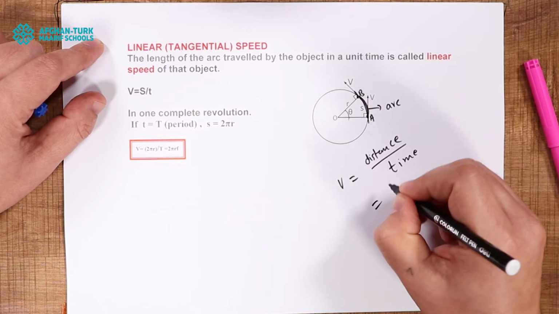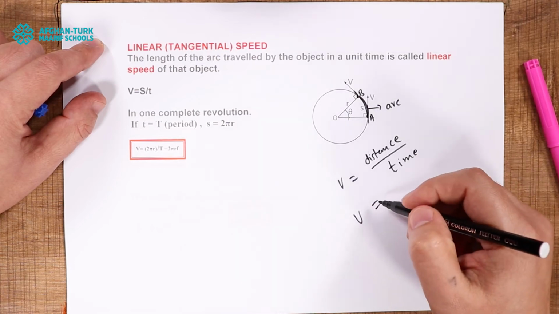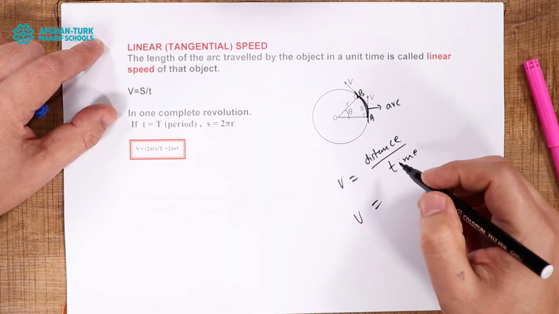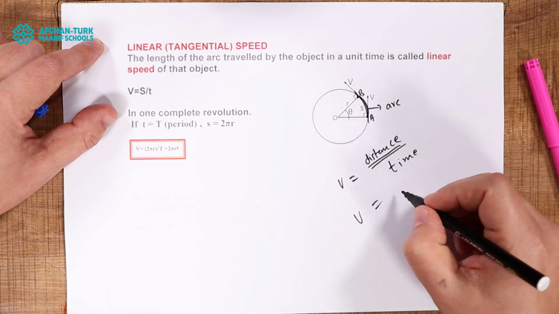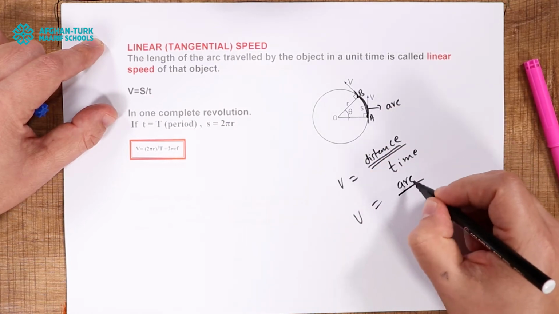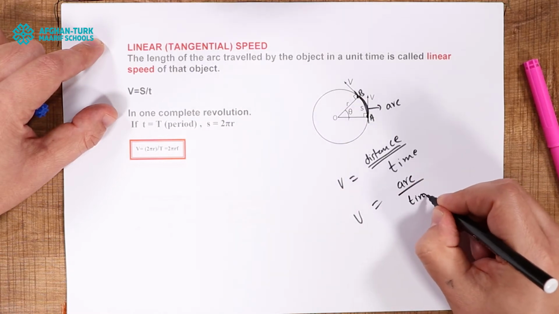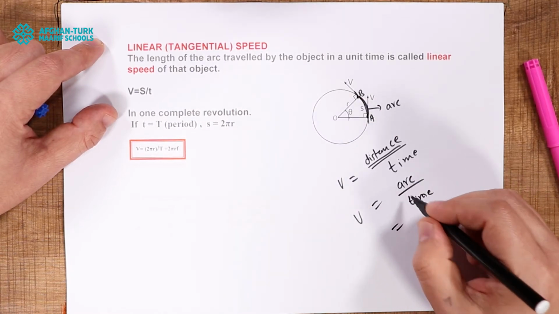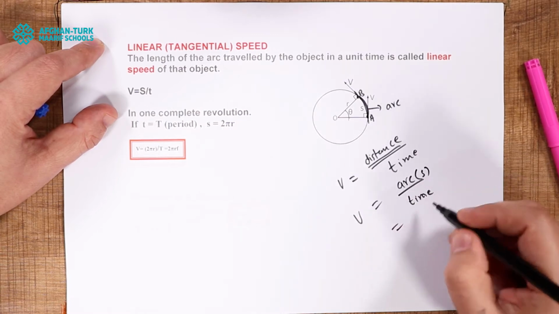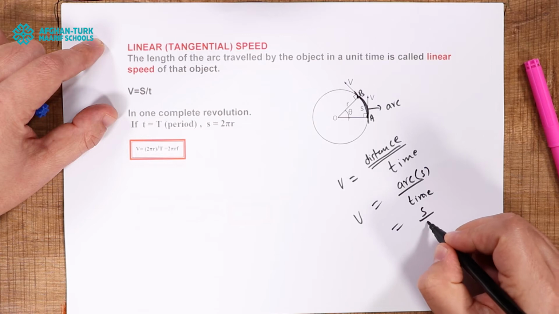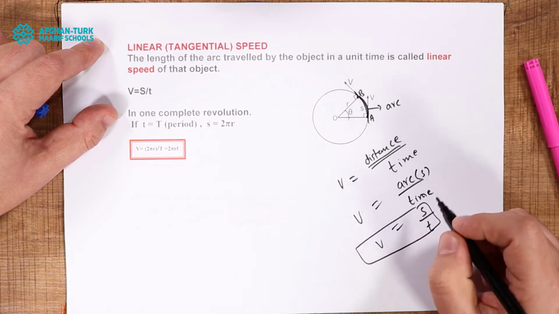Here in the tangential speed, it is the same, but instead of distance we will use the arc, and time is time. Arc is denoted by S, so we can write v equals S over T. So this is the linear or tangential speed.